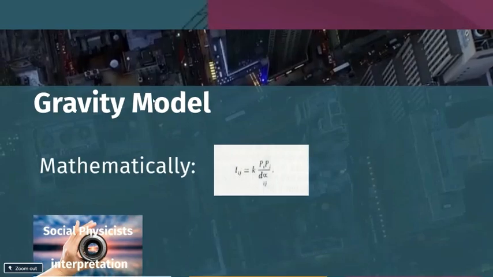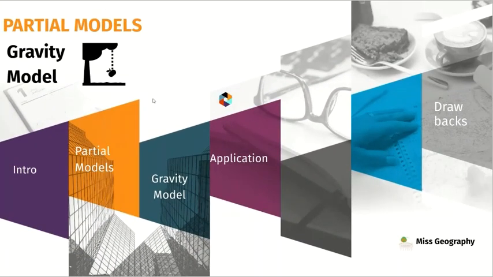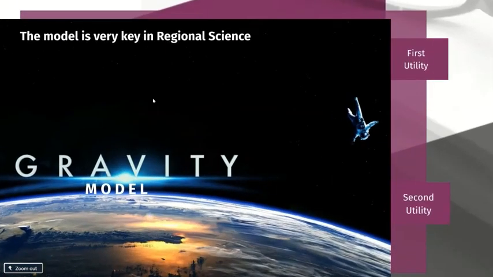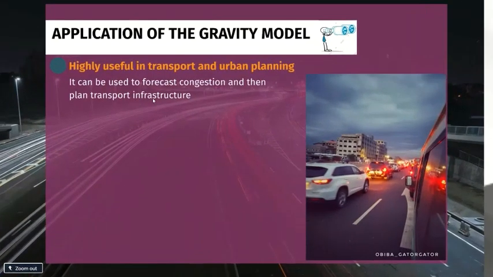And this can be mathematically stated this way. All right, so let's see the application of the gravity model. It's used in many ways in regional science, but in this tutorial, I'm going to walk you through just 2 uses of the gravity model in regional science. One, we use it for transport and urban planning.